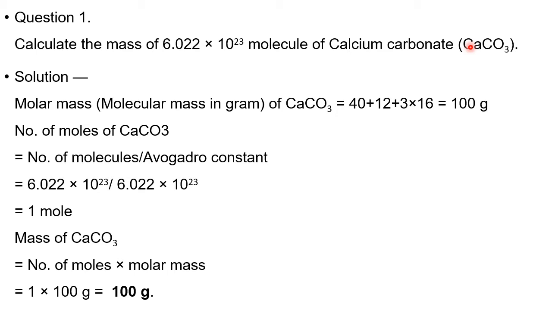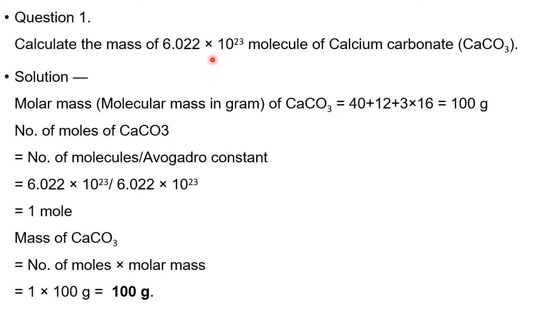Normally atomic masses will be given in the question itself. If not, let us not memorize them, because there are many atoms. How can we memorize all the atomic masses? Therefore, please ask for the table.